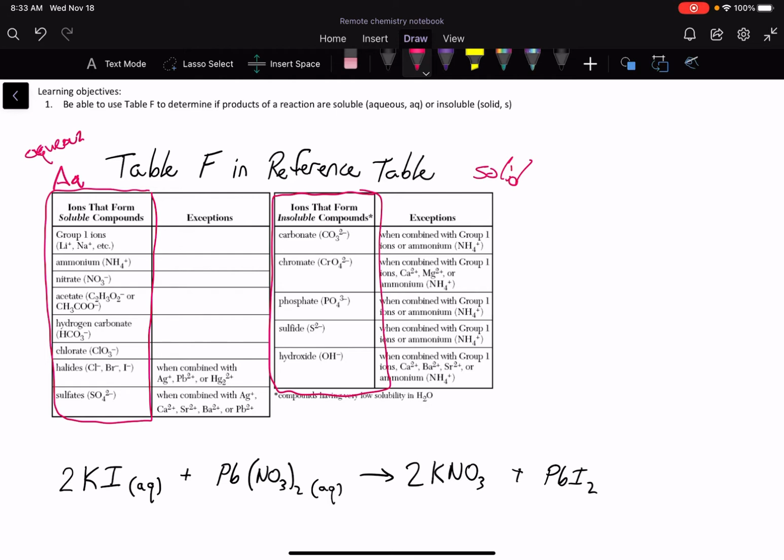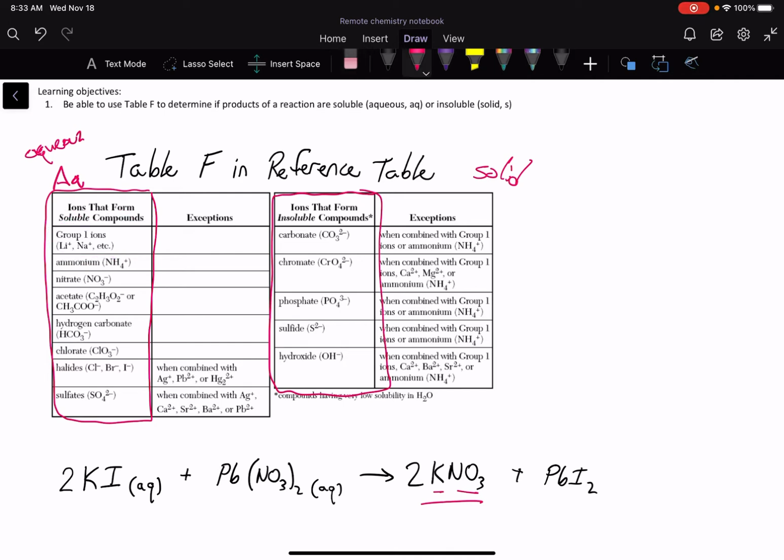So if we look at something like potassium nitrate, what you want to do is look for either potassium or nitrate. In this case, you can look for either because they're both on this table. And so you can see that at the top here, group 1 ions are under the column that says ions that form soluble compounds.